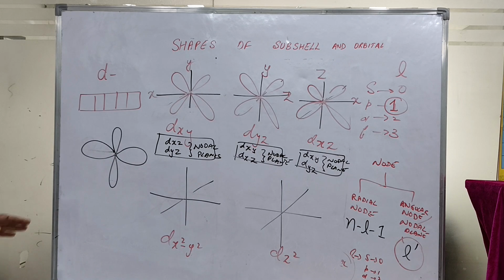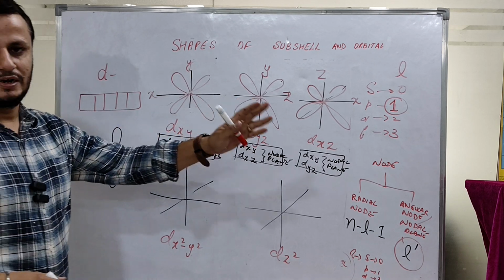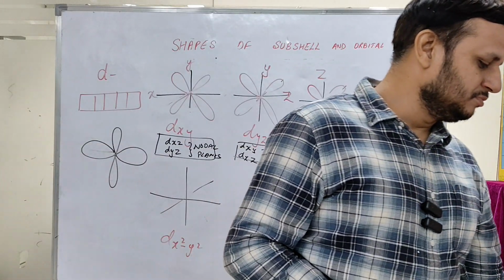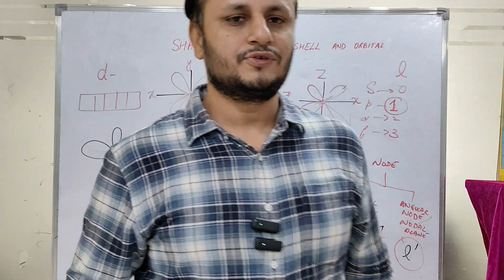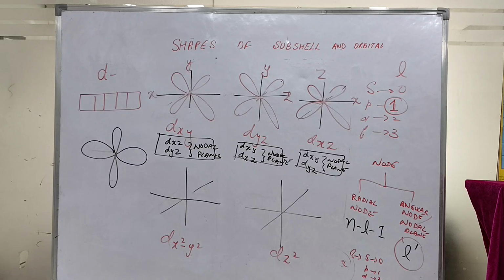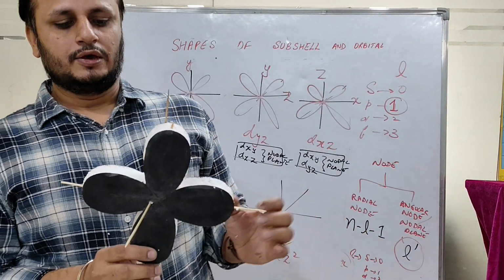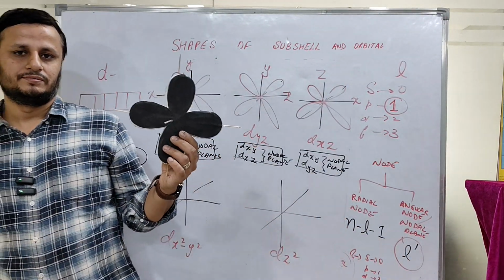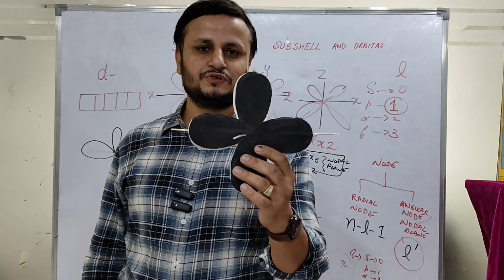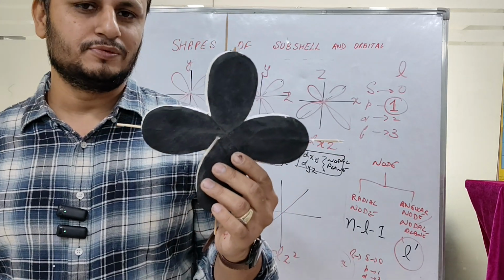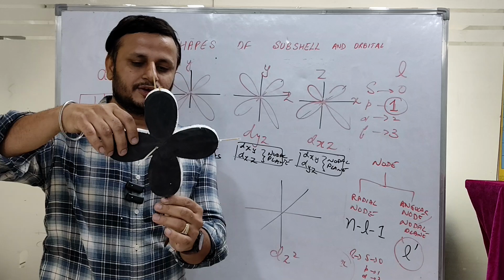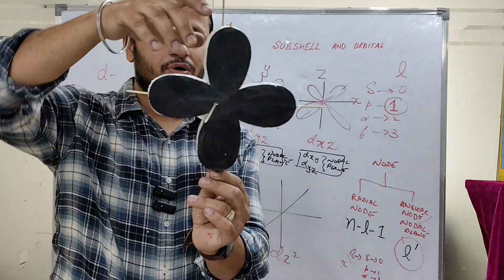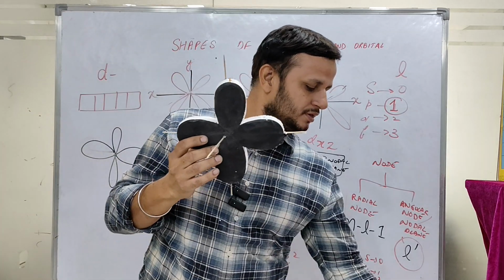So this is about xy, yz and zx, and now we are moving on to x square y square. Some say x square minus y square, some say x square dash y square. So in x square y square, what is the difference from xy?